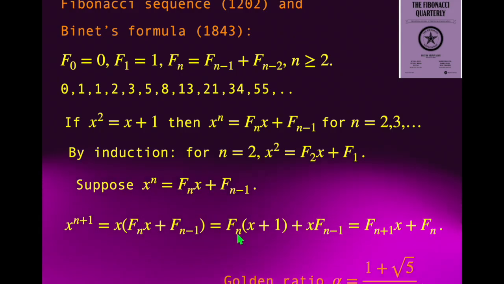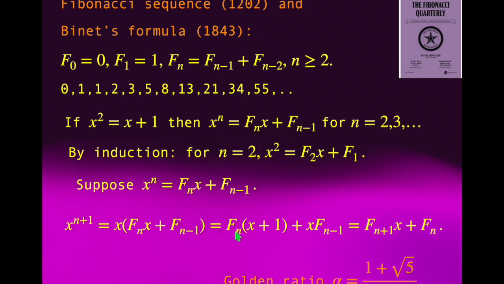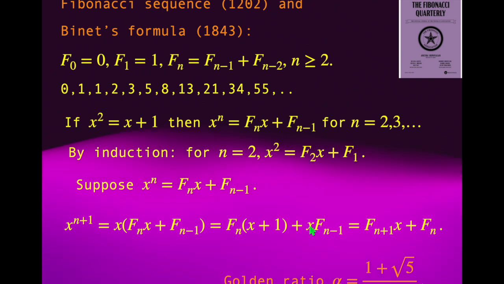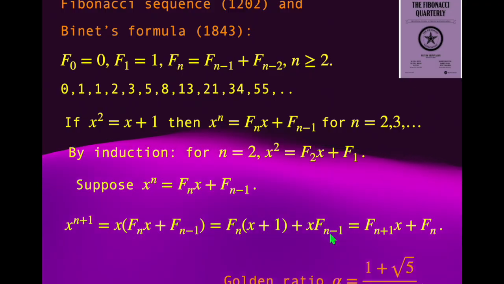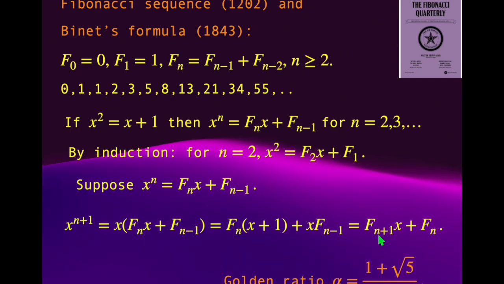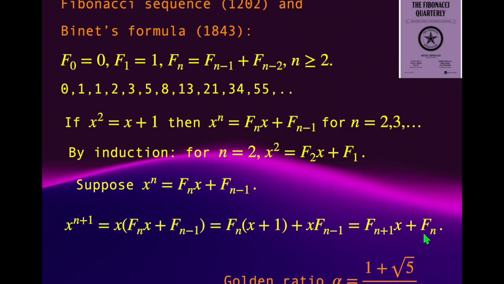Now we factor by Fn: Fn x squared is Fn x plus 1, and we factor by x. x is equal to Fn plus Fn minus 1, but Fn plus Fn minus 1 is just Fn plus 1 x plus Fn, and we are done.